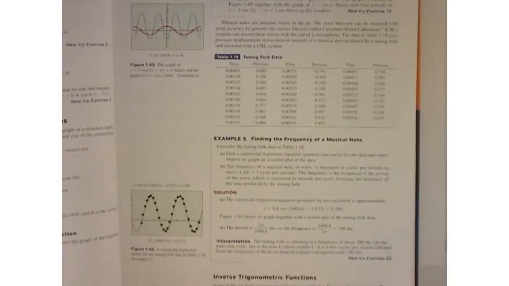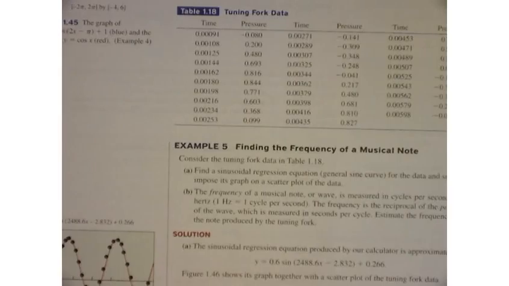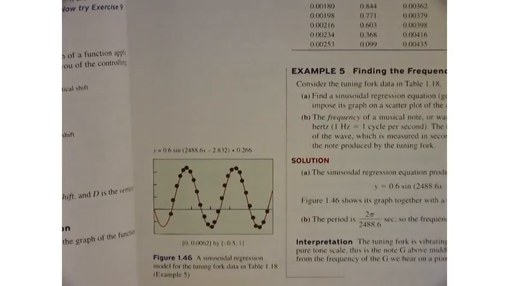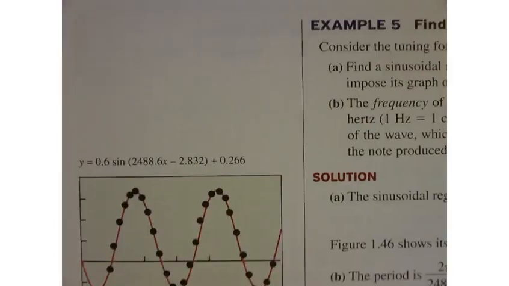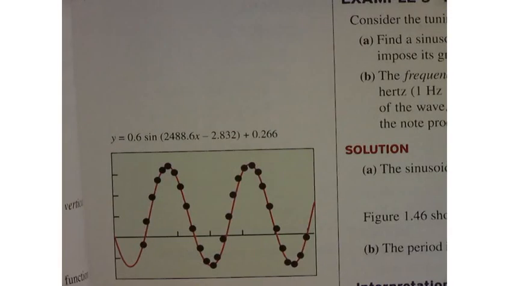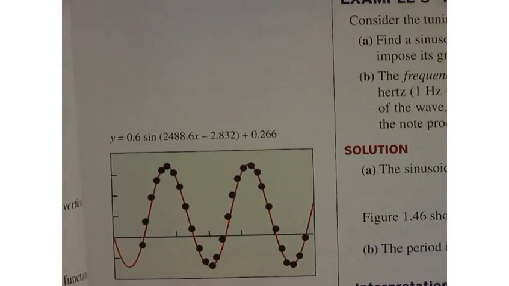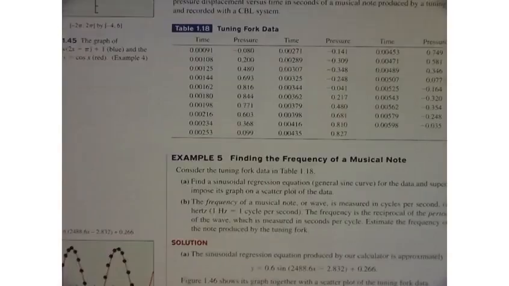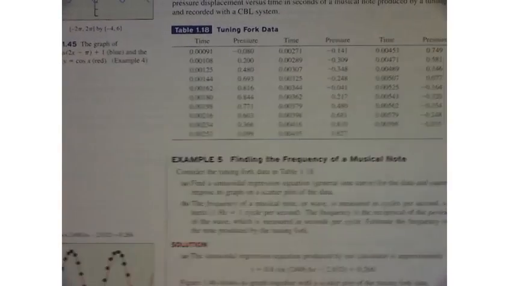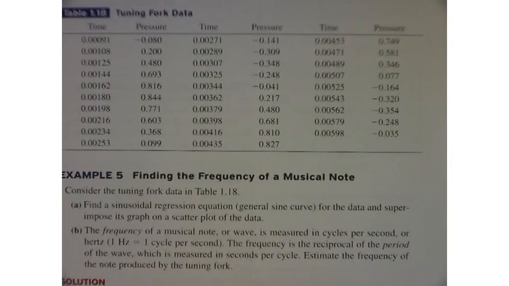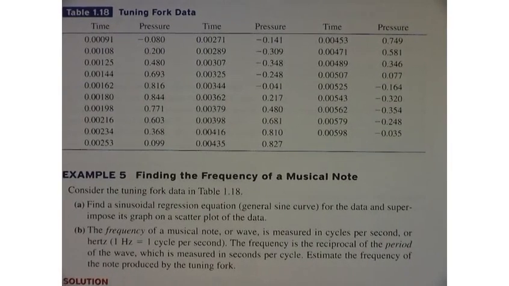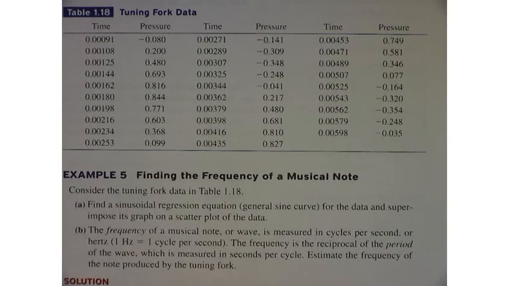So what they want us to do, and let me just throw up here what's in the textbook, is they have a bunch of data, okay? And they've collected and created a scatter plot of the data, all right? And this is based on a tuning fork. So there's pressure, and basically what happens is when sound is produced, there's pressure that compresses the air and then it releases, but it does so in such a way that it creates a wave.